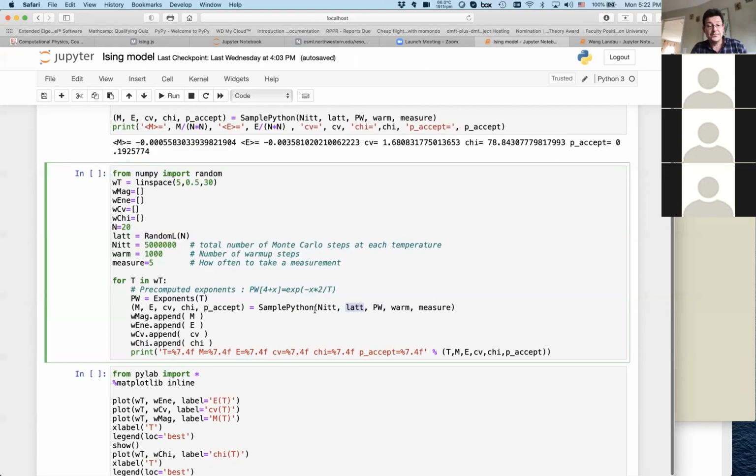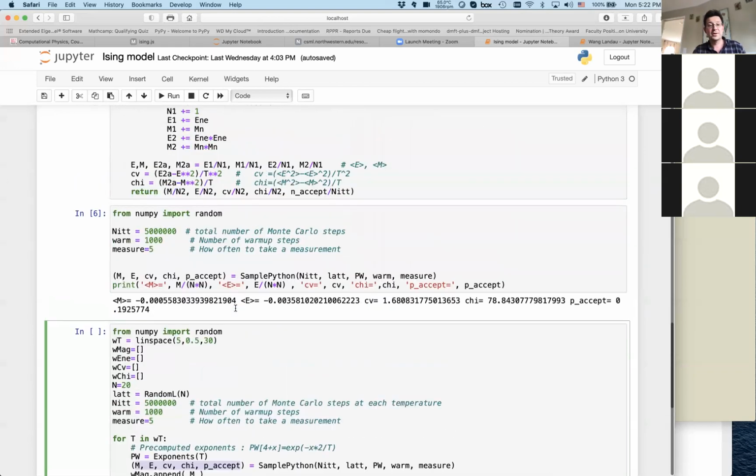Okay. What is returned is the magnetization, energy, and CV specific heat, but here I'm also returning this probability to accept, something that I modified today, and you don't have this p accept in your notebook.